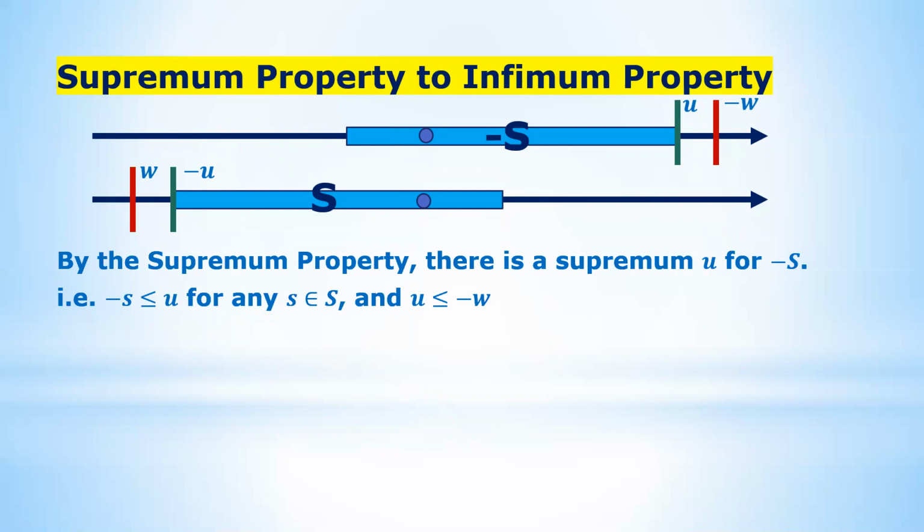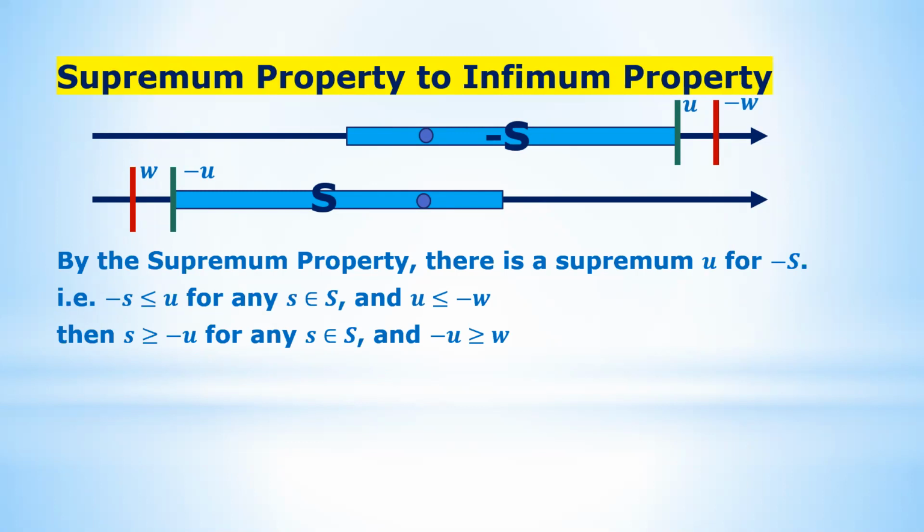Okay, so we apply the supremum property to minus S, and now we reflect back. If you look at the fourth picture, from the previous inequalities, if I put the minus sign back, you get s is greater than or equal to minus u for any s, and also minus u is greater than or equal to w. So just by adding minus signs to both inequalities, I get new inequalities.